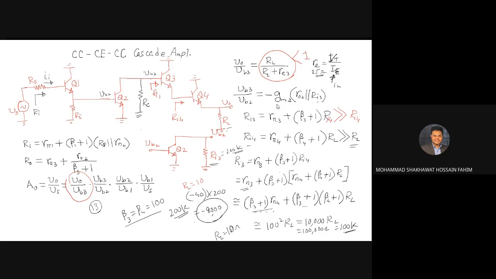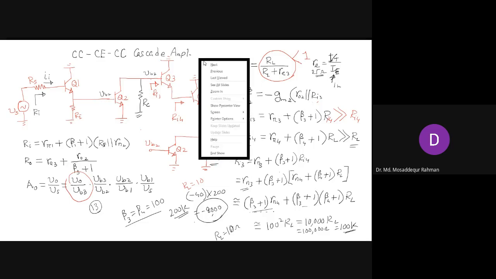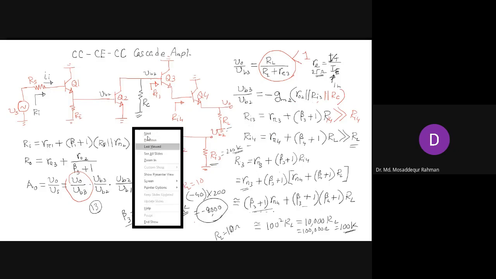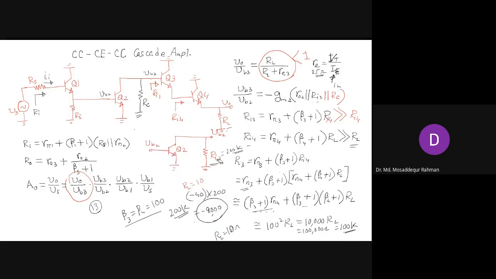RC will become parallel with this combination, R02 and Ri3. So exactly, RC will come in parallel. We'll have Ri3 in parallel with RC. So if we have this now, how does it influence the gain of this common emitter?